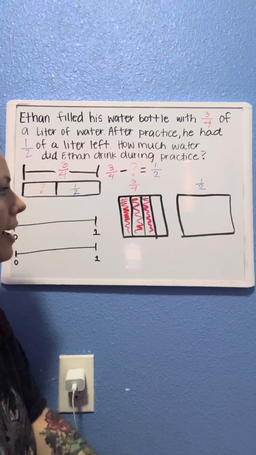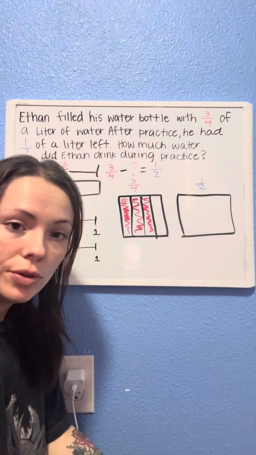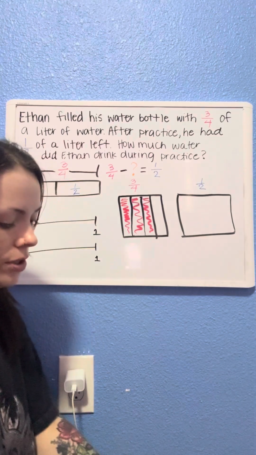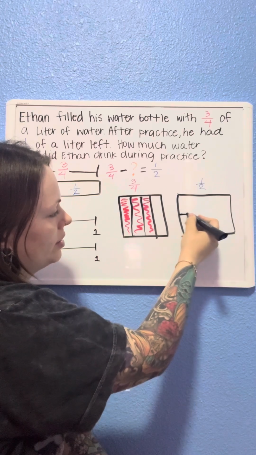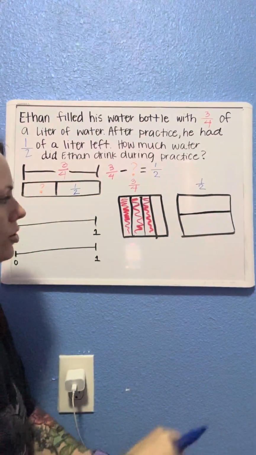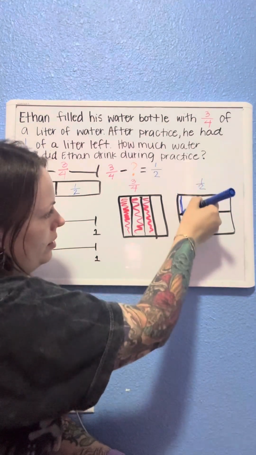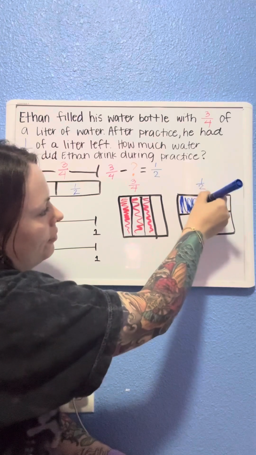Now for 1/2, well, the denominator is 2, we have 1, so we just need to split it into two parts. Let's go horizontal for this one, and then shade in our half.